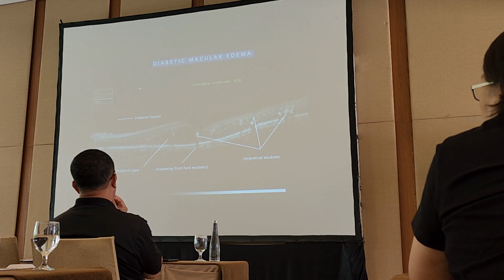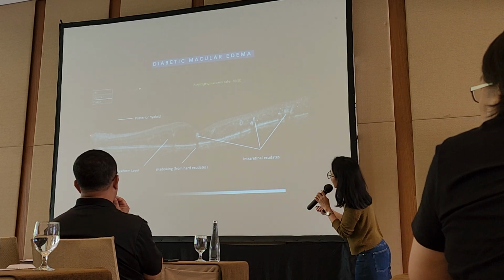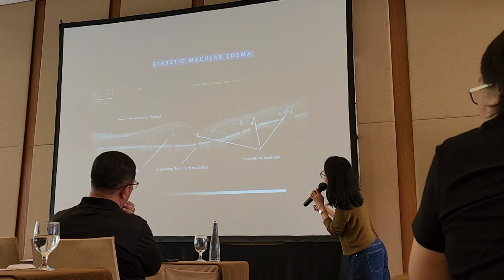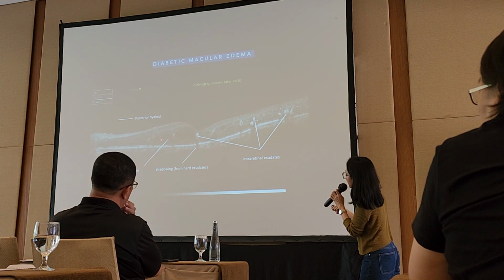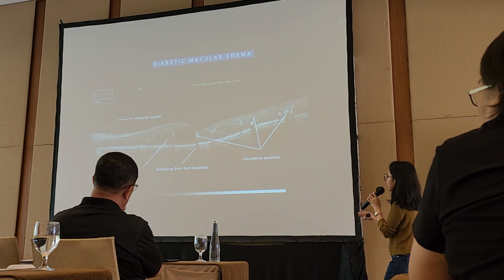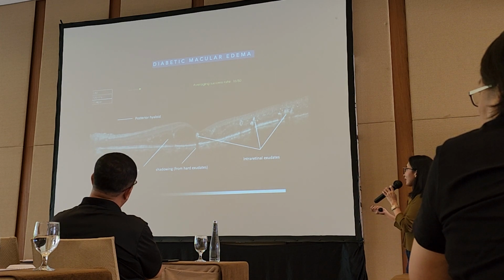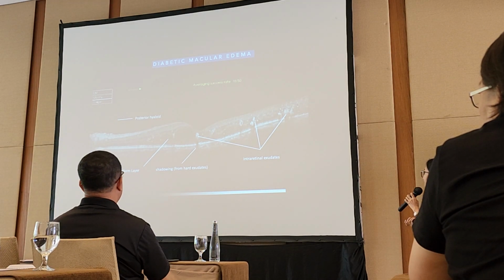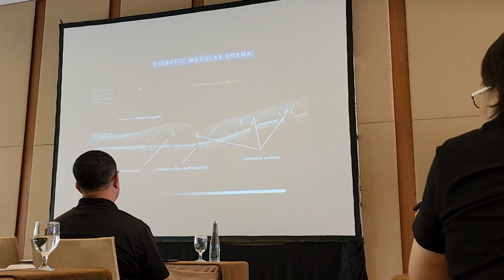Okay, this is another example of OCT in a patient with diabetic macular edema. We can see here, this is an epiretinal membrane, posterior hyaloid, and there's fluid in the outer plexiform layer. There's shadowing from hard exudates. Sometimes a non-retinal specialist or a new retinal specialist says, is there any discontinuation of the RPE?